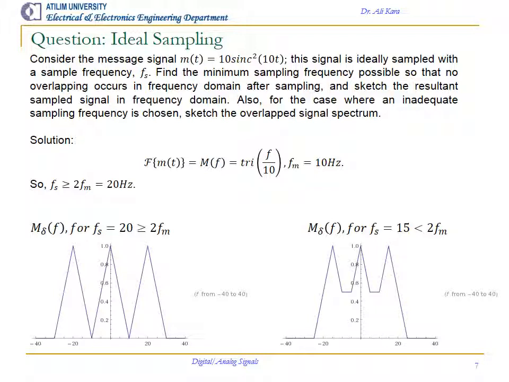Also, for the case where an inadequate sampling frequency is chosen, sketch the overlapped signal spectrum. Solution: take the Fourier transform of the signal m(t) and find the message bandwidth. As you will see visually on the graph, the sampling frequency fs should be at least 2 times the message bandwidth, so that no overlapping occurs in the sampled signal spectrum.